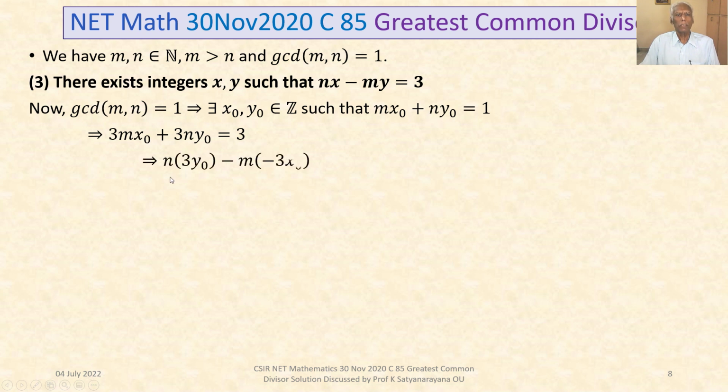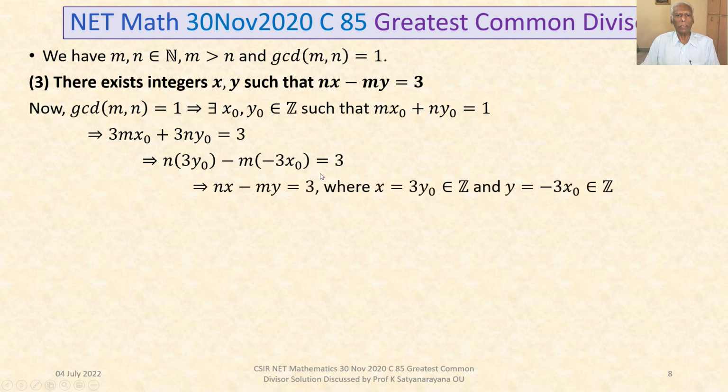This implies n times 3y naught minus m times minus 3x naught is equal to 3. That means nx minus my is 3, where x is 3y naught belonging to Z and y is minus 3x naught belonging to Z. Thus we have proved there exist integers x, y such that nx minus my is equal to 3.